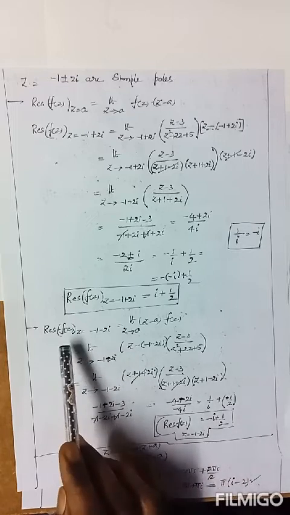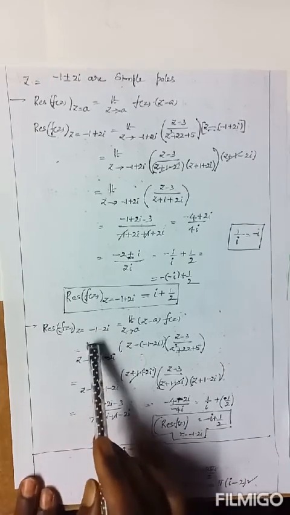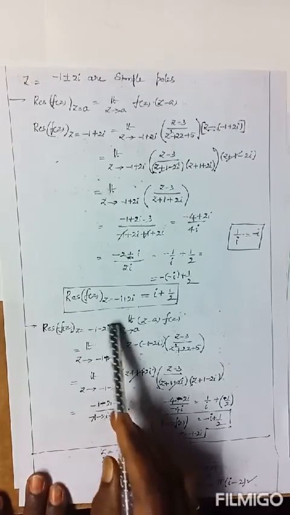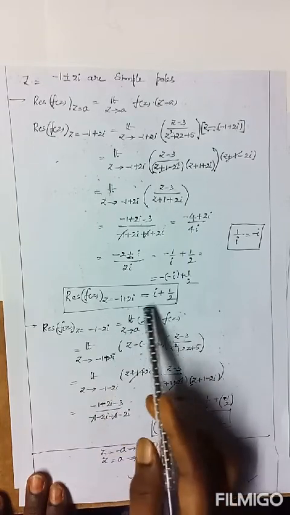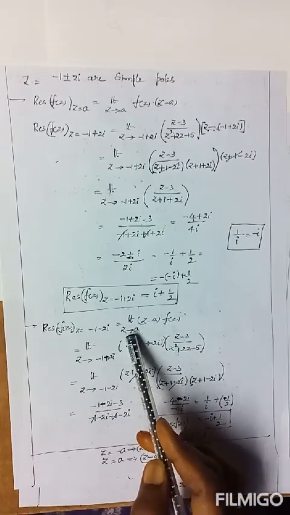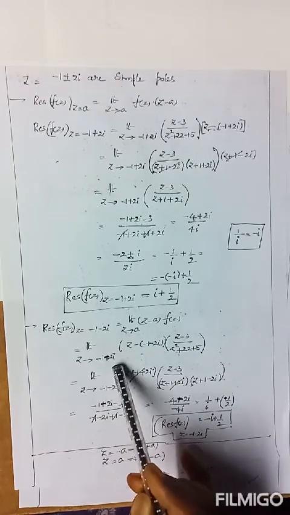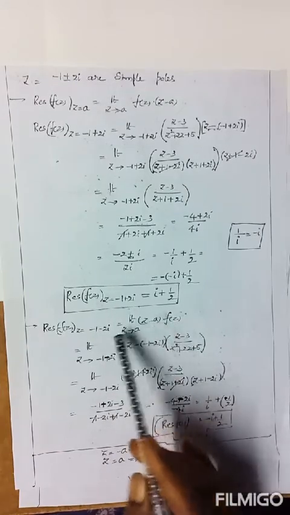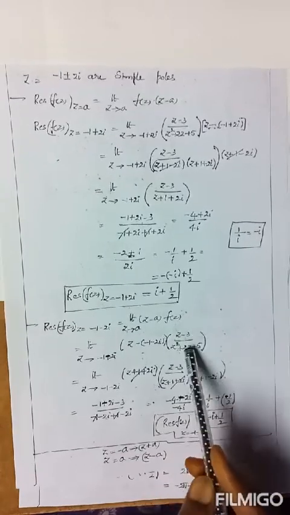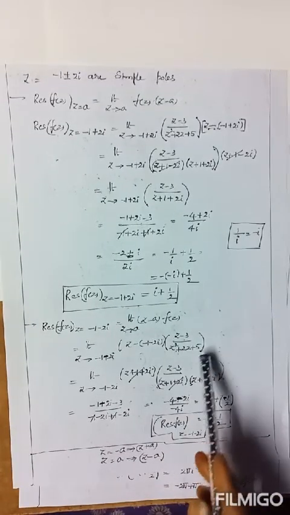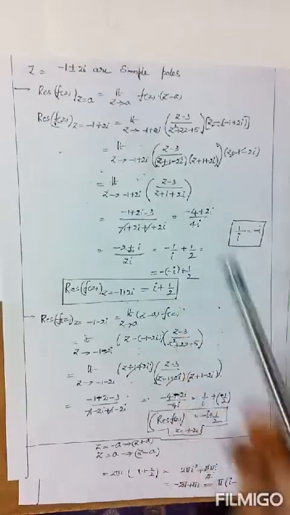Similarly, the second point is minus 1 minus 2i. This is also a simple pole. This is the formula for a simple pole related to residue. Now, limit of z tends to minus 1 minus 2i of z minus the present point times f of z. Here also write factors similar to the previous.